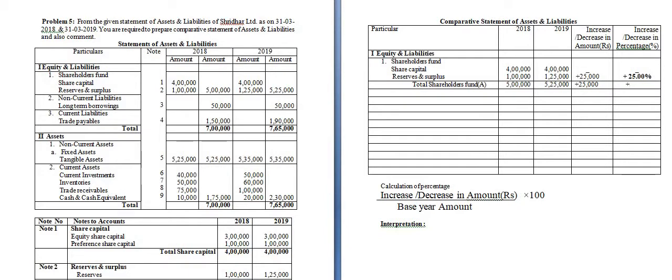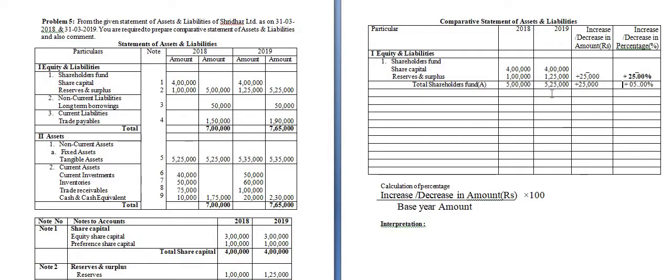So write plus, how much is the percentage? 5%. So write here 5.00%. 25,000 divided by 5 lakh into 100 is equal to 5%.